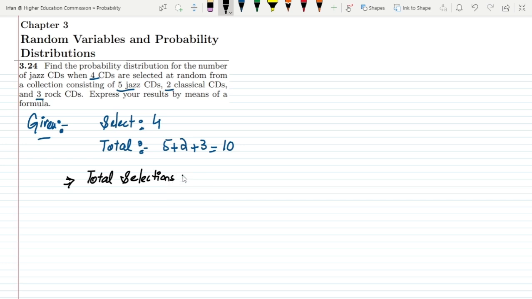I have to select 4 CDs from 10, so it will be 10 choose 4, which is combinatorics. That is 10 factorial divided by 4 factorial times 10 minus 4 factorial, which is 6 factorial. So these are the total number of selections.